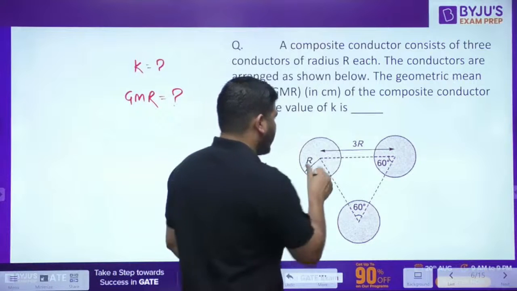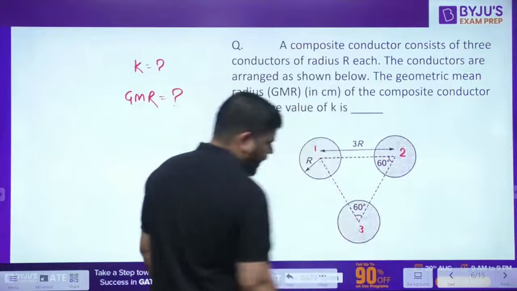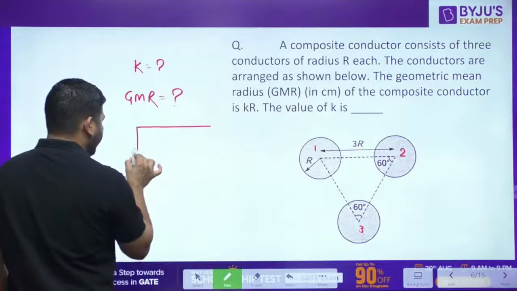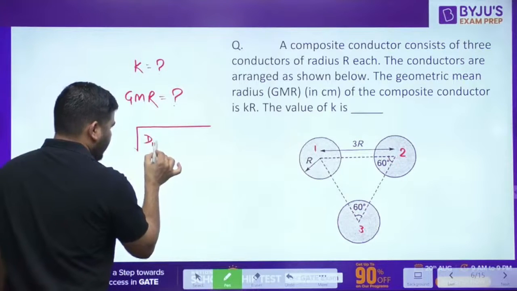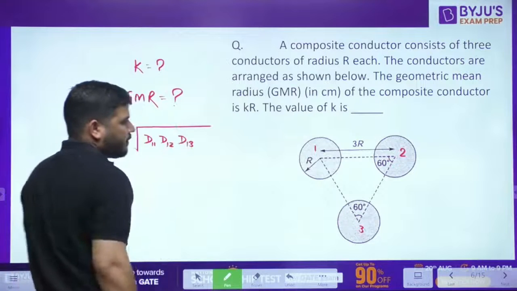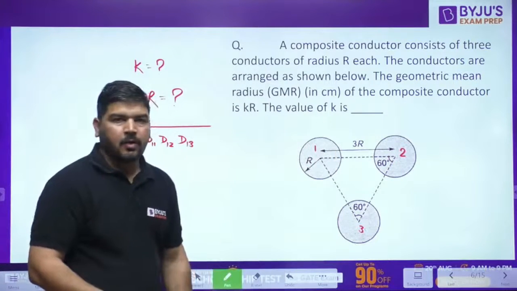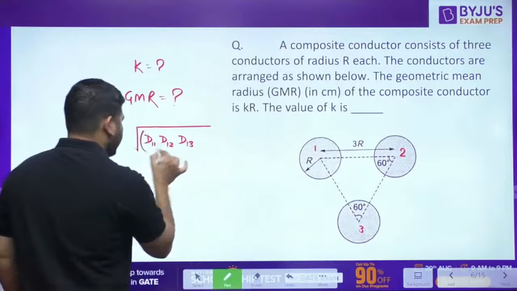Let's call them conductor 1, conductor 2 and conductor 3. GMR will be equal to D11, D12, D13. These distances I have written for conductor 1.